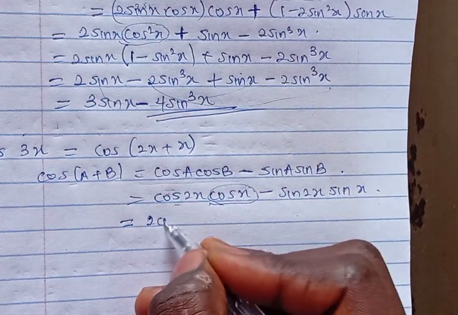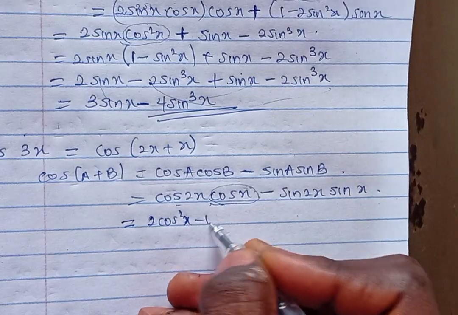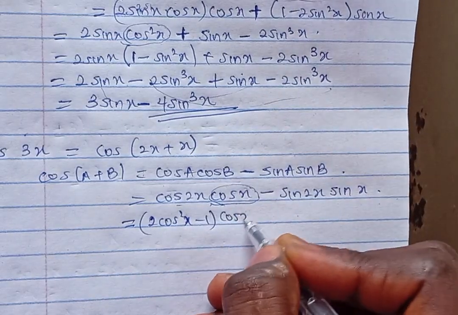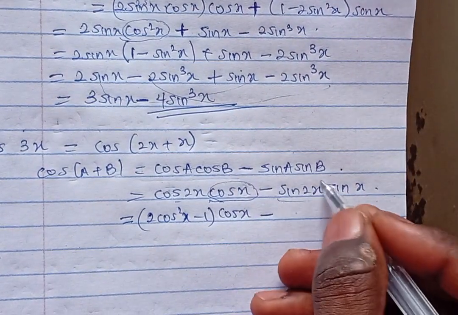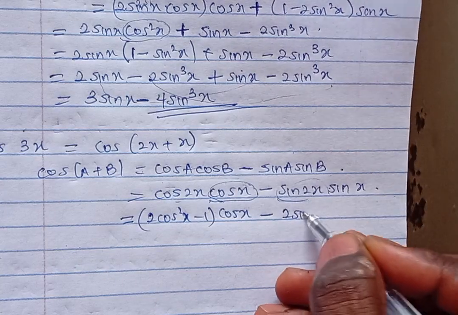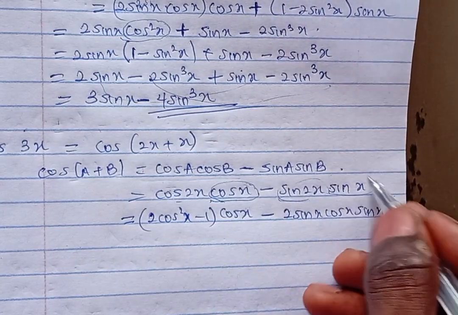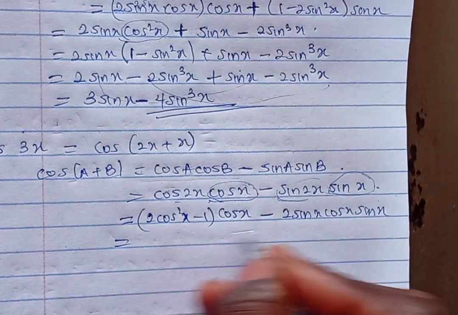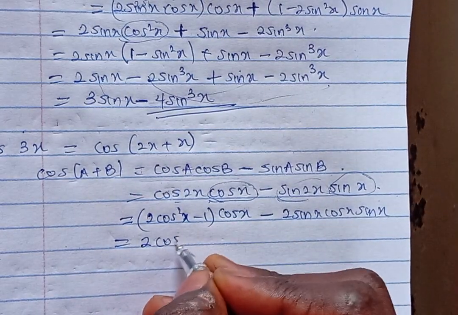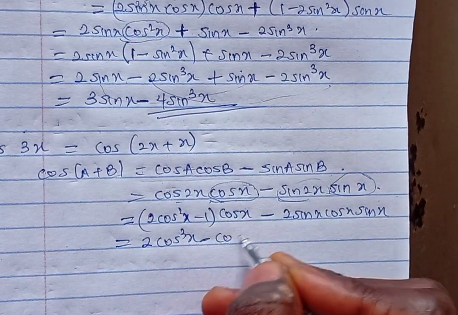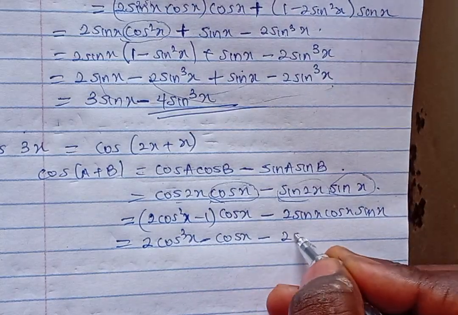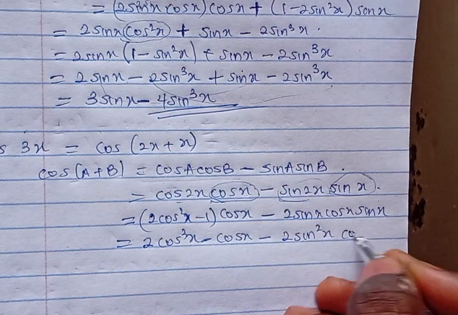So you just have to say that (2 cos square x minus 1) into cos x minus, this one can be expressed as 2 sine x cos x into sine x. So opening the bracket, you get 2 cos cube x minus cos x, minus 2 sine square x cos x.